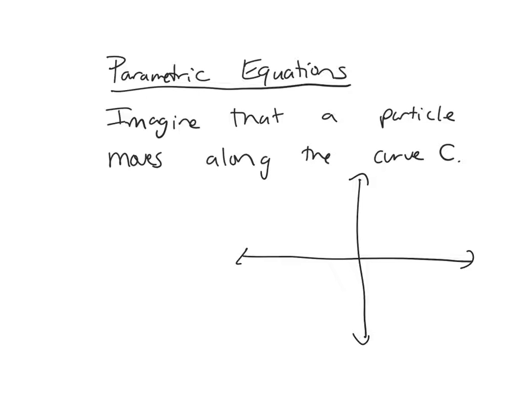So let's say the particle moves up this way and then goes this way and this way. So this is the curve C, and then there's a direction the particle is following. It's going in this direction here.